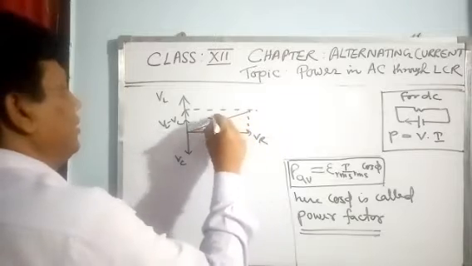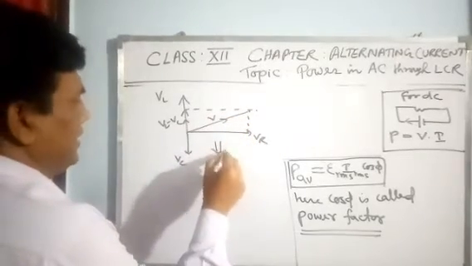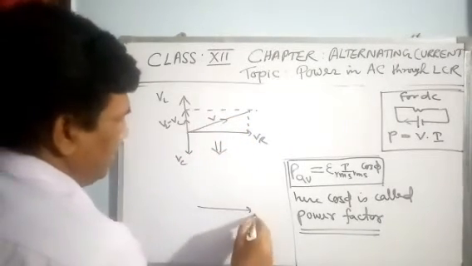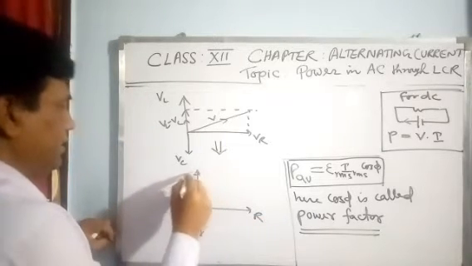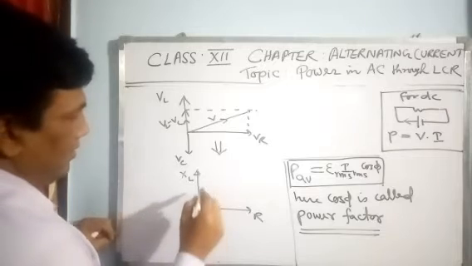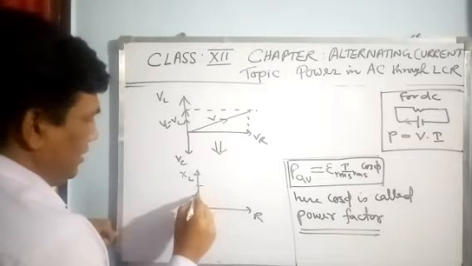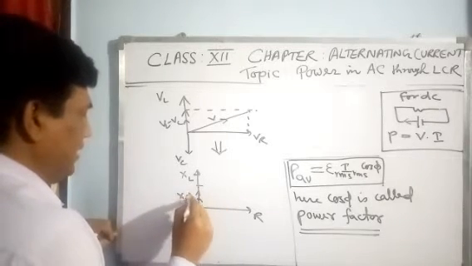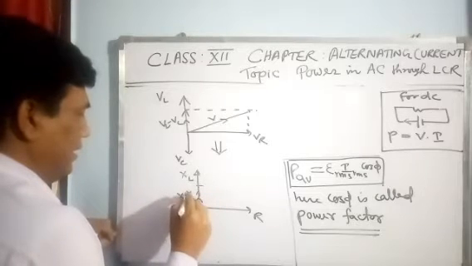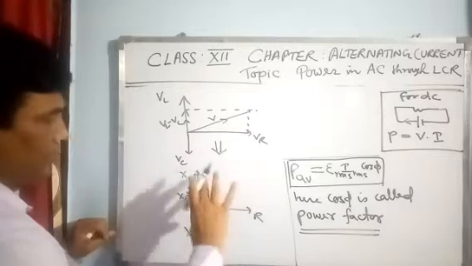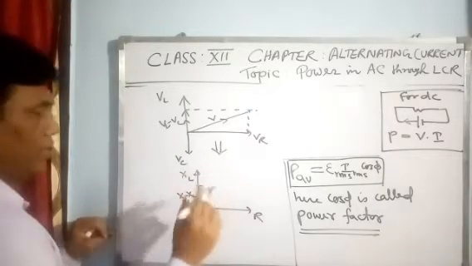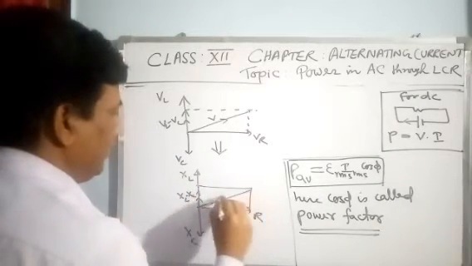This is the voltage. This can be written this way also. I have already explained. This is XC, this is XL, and this will become XL minus XC, and this is Z.